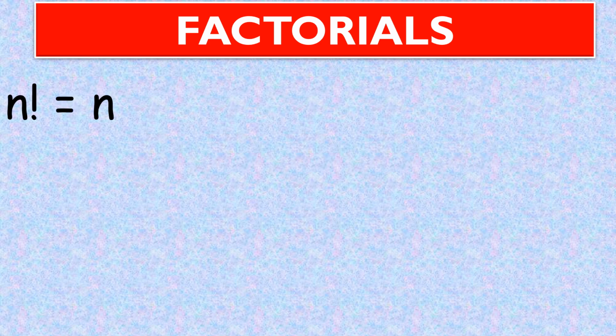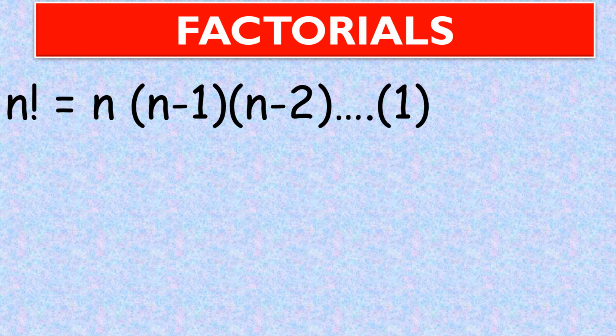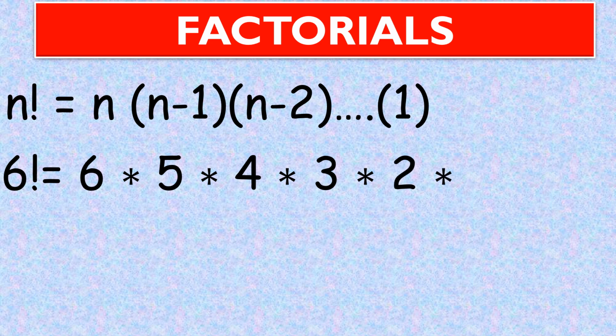So we are looking at factorials. N factorial, which is equals to n times n minus 1 times n minus 2 times all the values less than n, positive values, up till 1, and whole numbers. Now you have 6 factorial, given the above definition, will be 6 times 5 times 4 times 3 times 2 times 1.